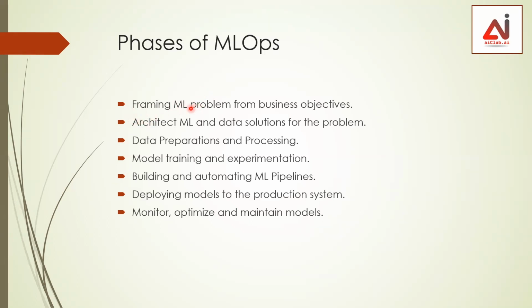First is framing the ML problem from business objectives. It's the reason why we are using ML. If there is no specific business need, then it has no use in the real world, I guess. Next is to architect ML and data solutions for the problem: what kind of ML algorithm, what are the sources of data, and what kind of data is it?